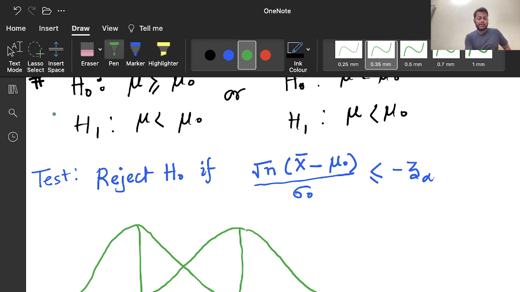Now when will I accept the alternative hypothesis, or reject the null hypothesis? When we get some evidence, based on our observation, that highly supports the alternative hypothesis. Suppose this is another mu 1 which is less than mu 0, and this is mu 0, greater than or equal to mu 1. Now suppose you get some observation here.